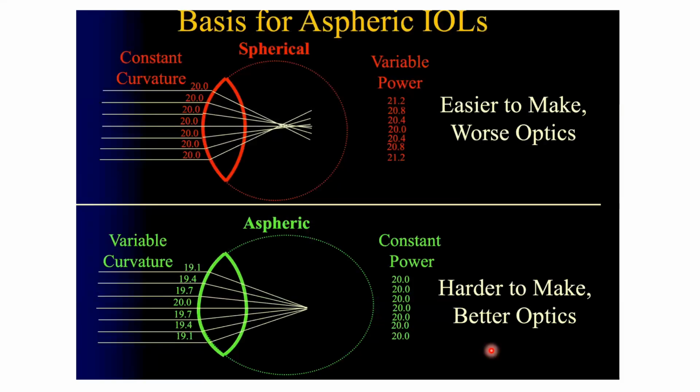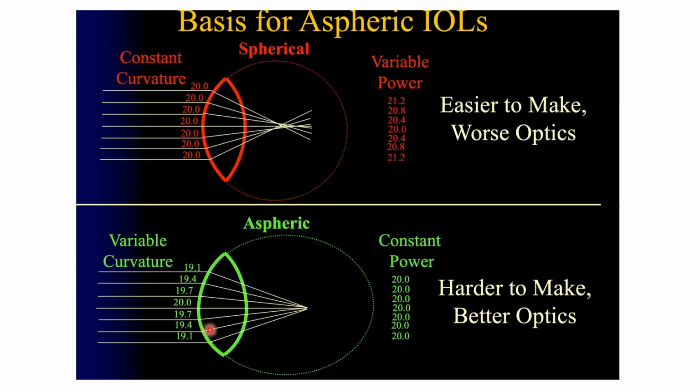So what is the basis for aspheric IOLs? In spherical IOLs, the curvature of the lens is constant, that is, it is uniform throughout the diameter of the lens. Because the curvature is constant and the distance of the point from the center varies, we are going to have variable power through all the points. This lens is easier to make, but it gives us worse optics.